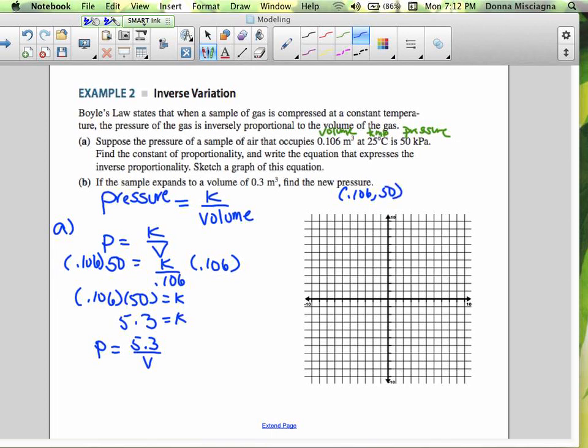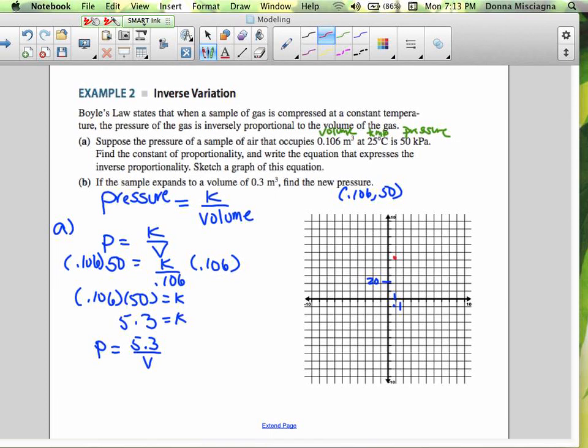So let's have 1, 2, 3, and let's have this go up by 1/10. Excuse me, not 1/100th, 1/10th. And let's have the Y scale go up by 10. So each box is 10, that would be 20. And so we've got 1 point there. We know 0.106, that's just about 0.1, and 50, so 20, 40, 50.